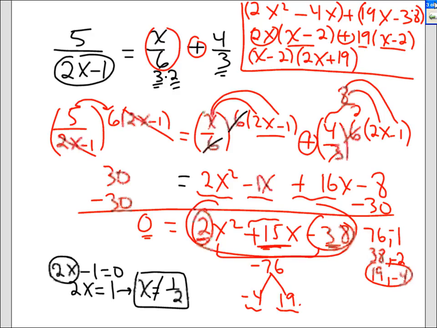So though I haven't been writing it, this mess is equal to 0. The two lines above should have said that. Okay, I'm going to erase the next line.